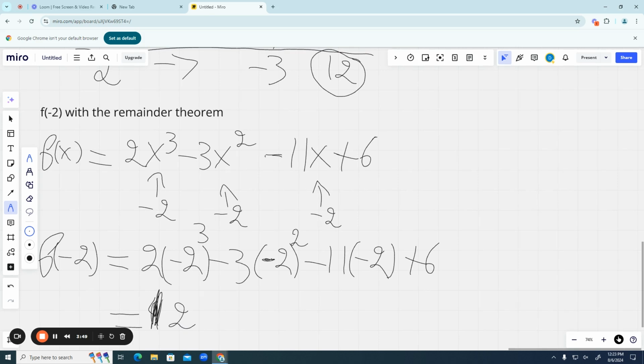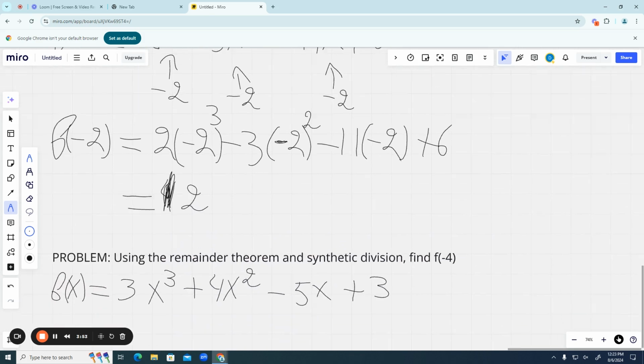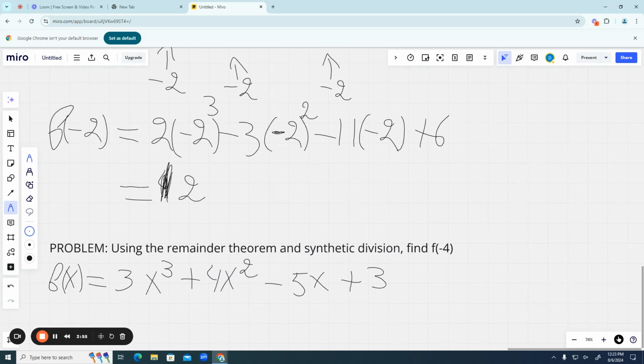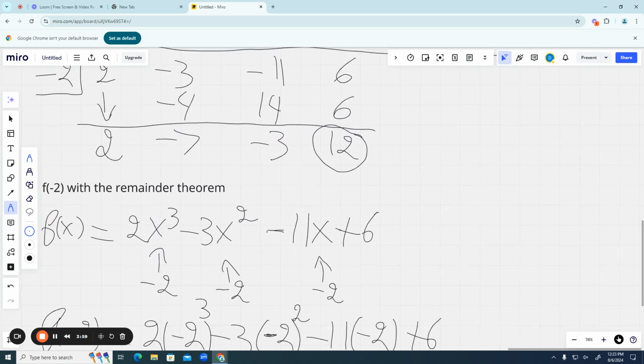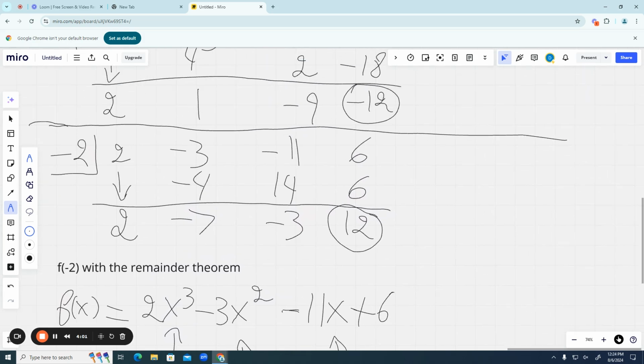But that's going to be some really big numbers that I'm adding and subtracting. So that's the value of the remainder theorem with synthetic division. With synthetic division, it's faster, you make fewer mistakes, and it's more elegant. And that's what you want in math.